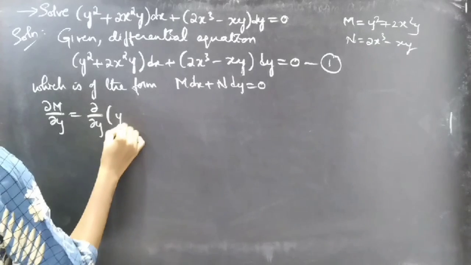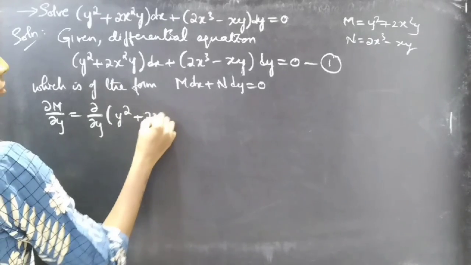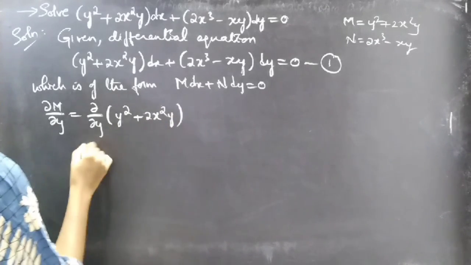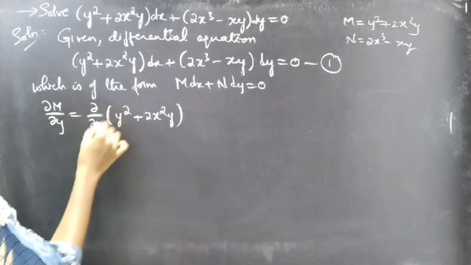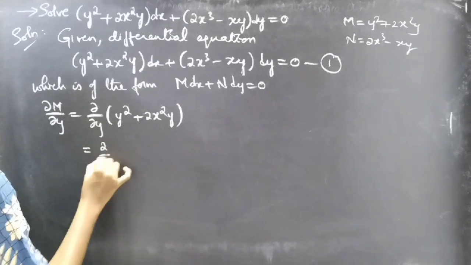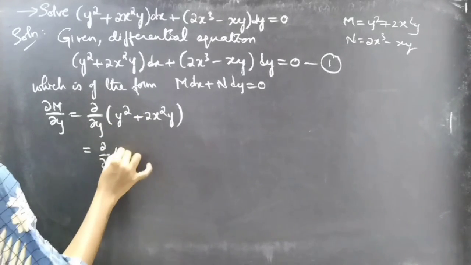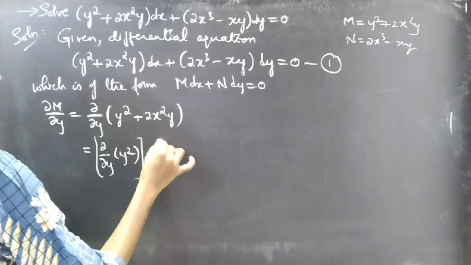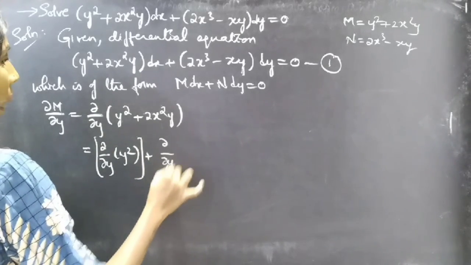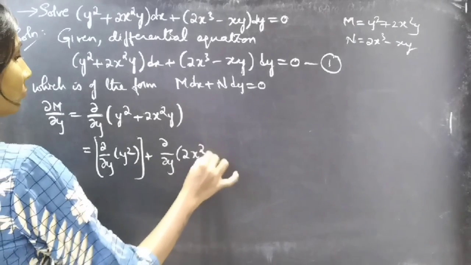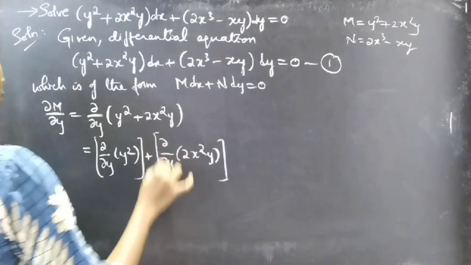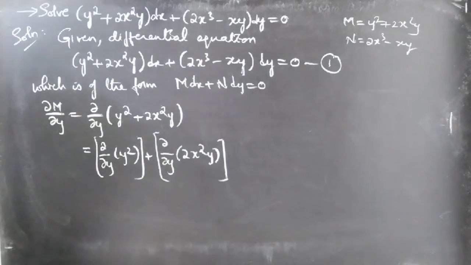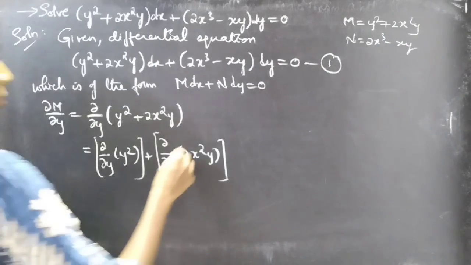The partial derivative of M with respect to y: here x is treated as constant.